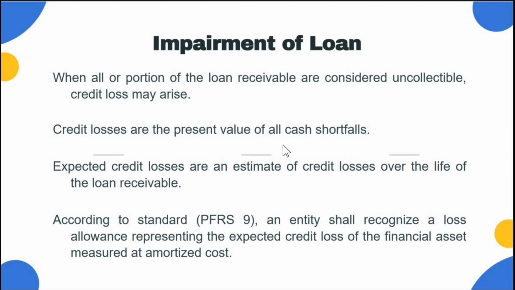According to PFRS 9, an entity shall recognize a loss allowance representing the expected credit loss of the financial asset measured at amortized cost. So there's really a need for us to recognize loss allowance related to the expected credit loss of a financial asset.